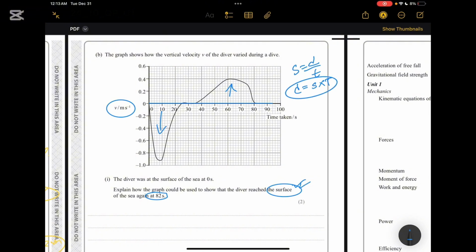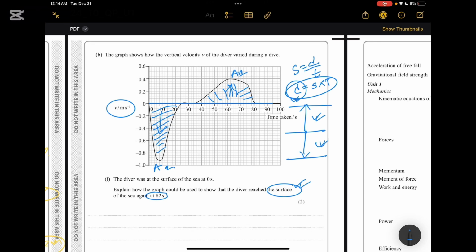So the area under this VT graph will give us the distance. If the area under the A1 graph is equal to the area under the A2 graph, then both distances will be the same. So we can say it reached the bottom, and it also reached the surface of the sea, because these two distances are equal.